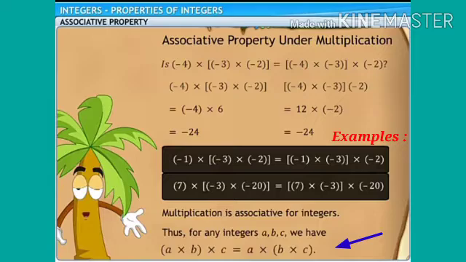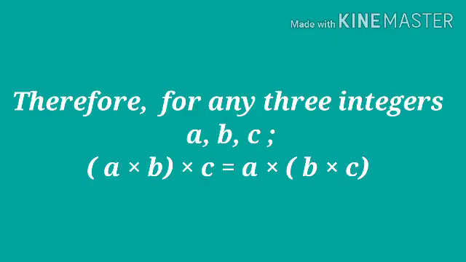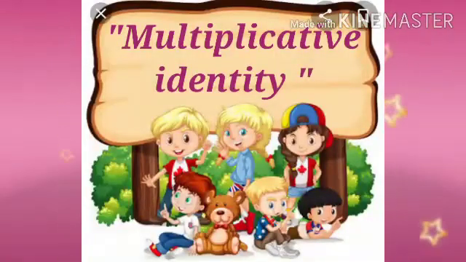Yes, the expressions are equal. Hence, associative property is true for multiplication of integers. Therefore, for any three integers a, b and c, a into b into c is equal to a into b into c. Let us see about multiplicative identity.